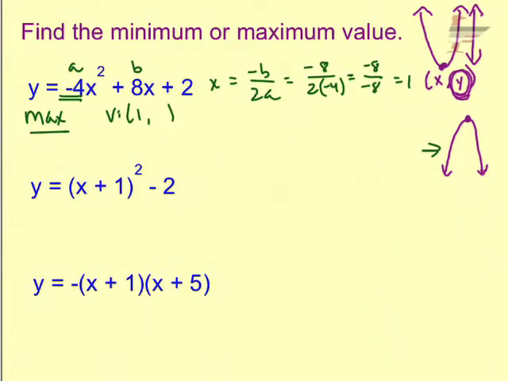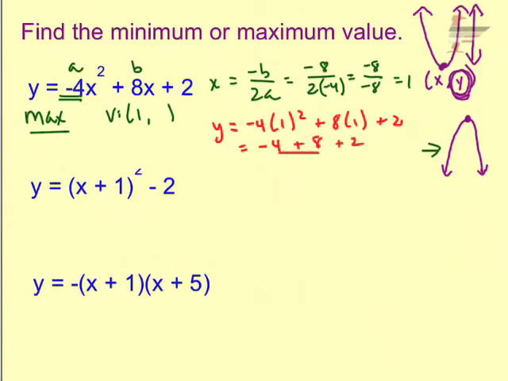Now let's figure out what the y value is. I'll use a different color. All we have to do is plug in a 1 for the x to see what we get. So y is equal to negative 4 times 1 squared plus 8 times 1 plus 2. So 1 squared is 1, times negative 4 is just negative 4, plus 8 times 1 is 8, plus 2.